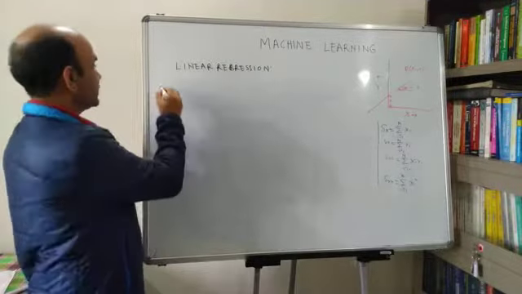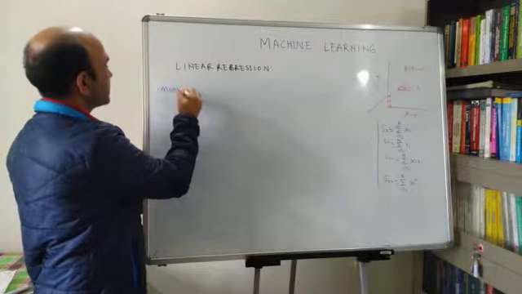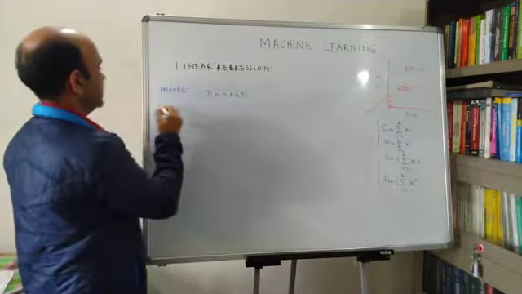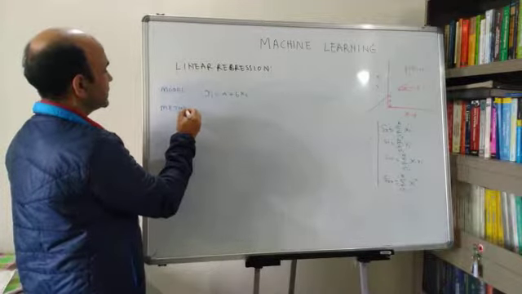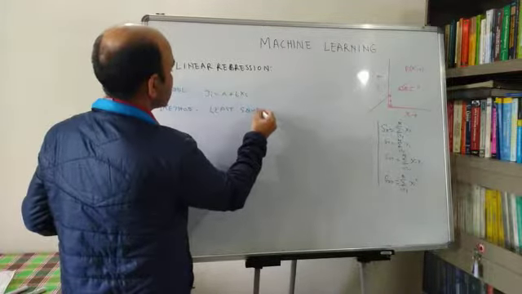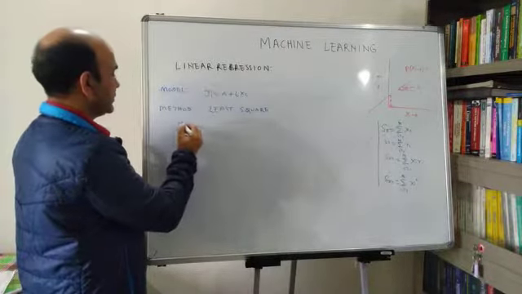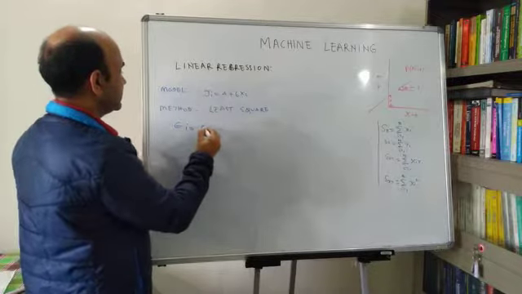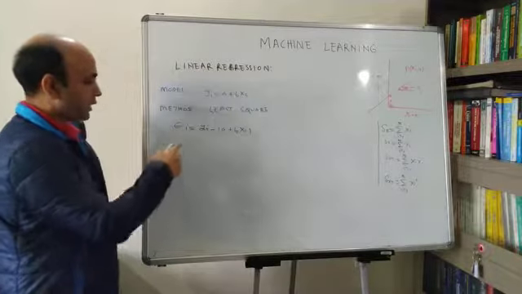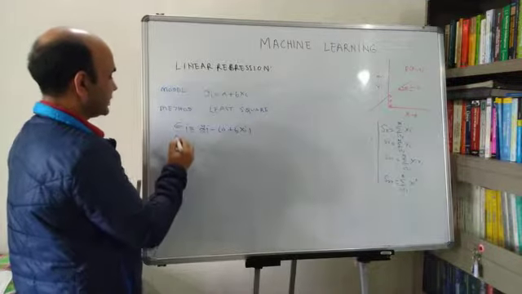Okay, so this is the model we are trying to fit. The model is yi = a + bxi, and the method is least squares. What the least squares method does is compute an error term, which is nothing but the mismatch between the actual value of y and the predicted values from our model.